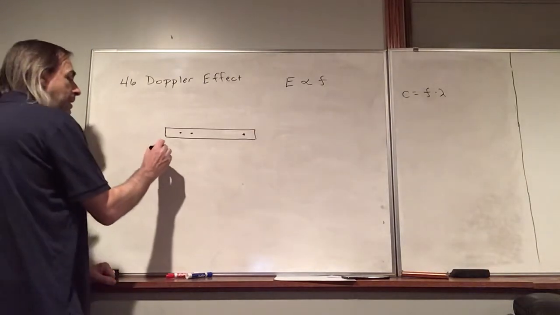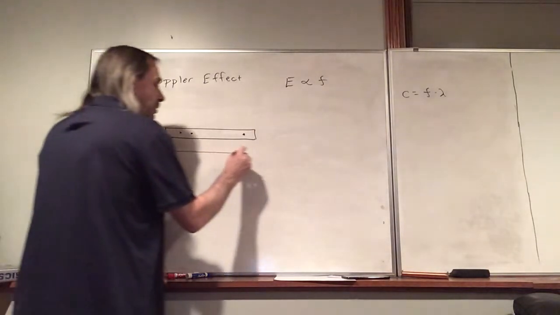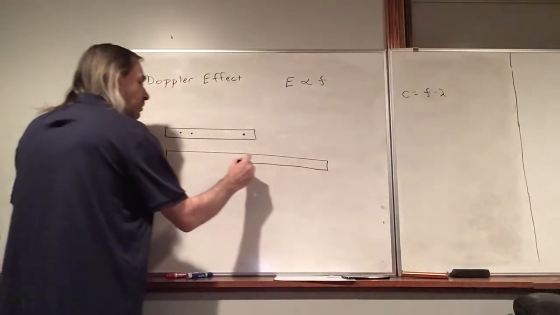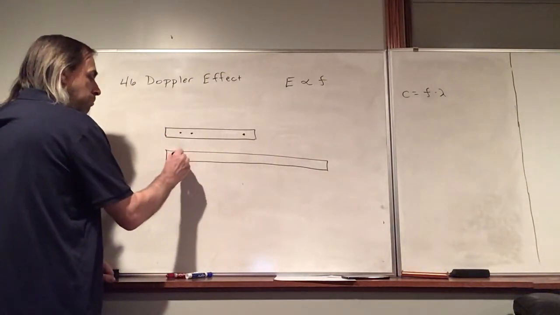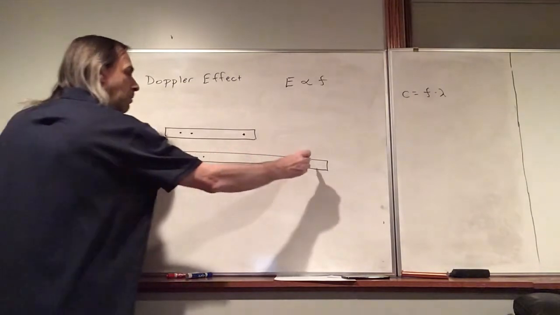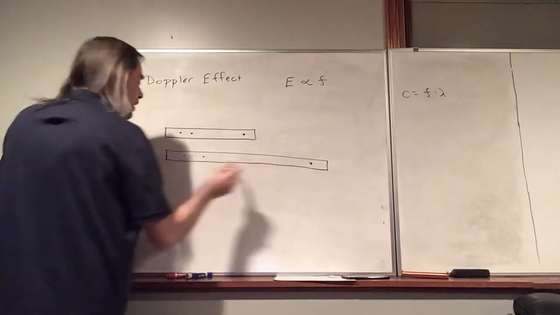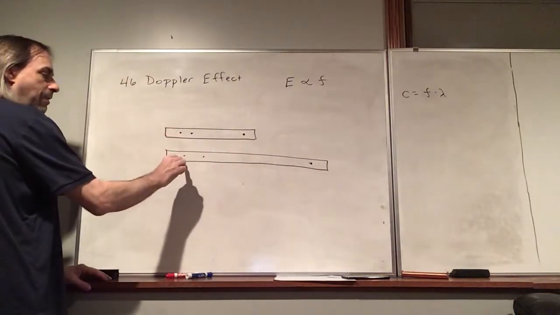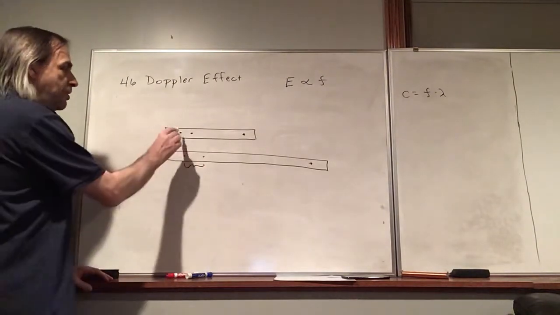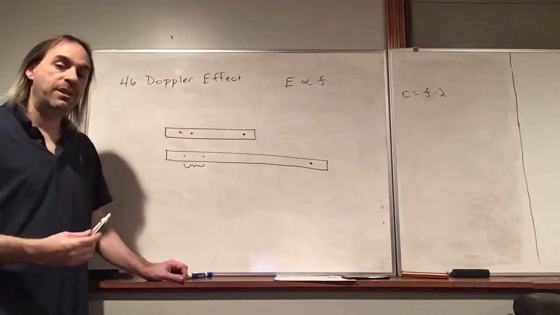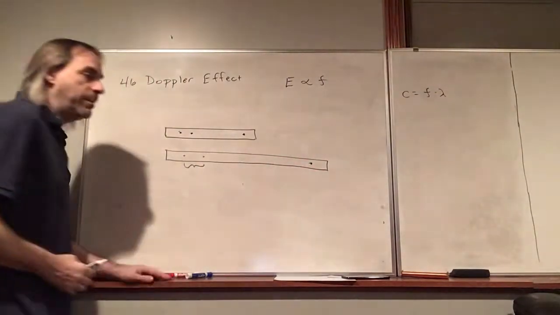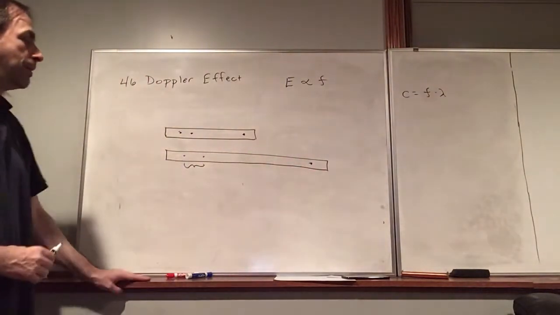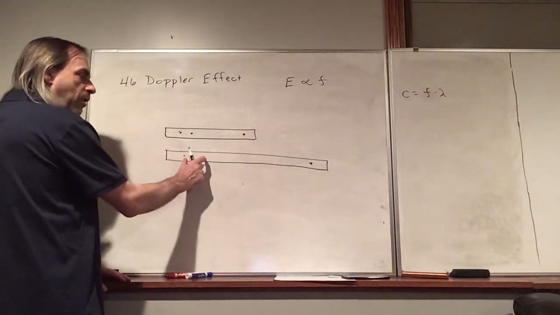So let's take that same rubber band and we stretch it. Just like these 2 points got a little bit farther apart. Now, these 2 points didn't actually move relative to the rubber band. They just got farther apart because the rubber band itself is expanding. So they got a little bit farther apart.